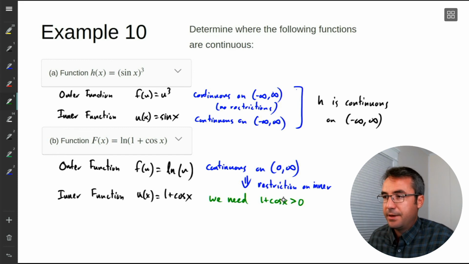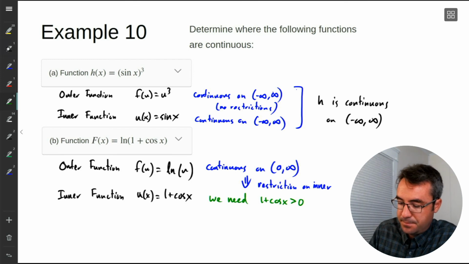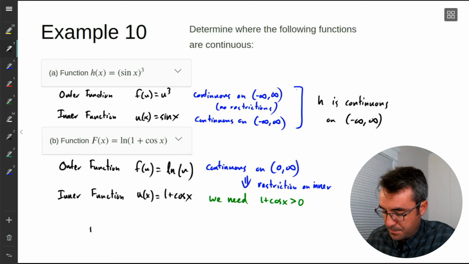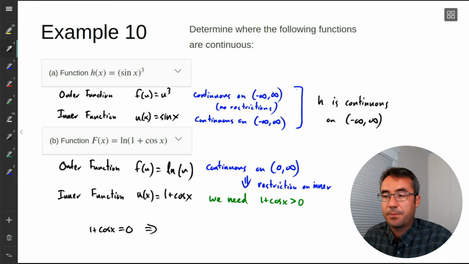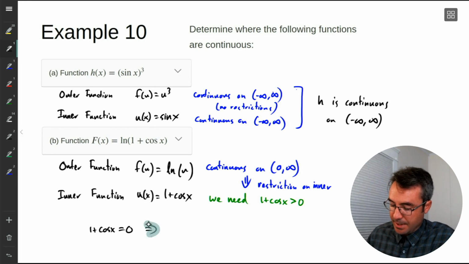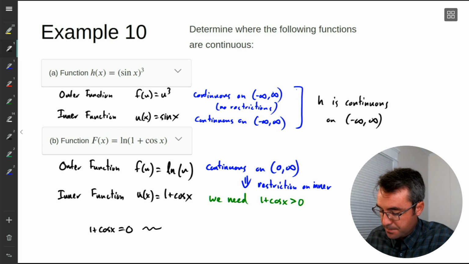We've actually investigated when 1 plus cosine x is equal to 0. We went through this before in a previous example. And what did we see? At x equal to plus or minus pi, plus or minus 3 pi, and so on.